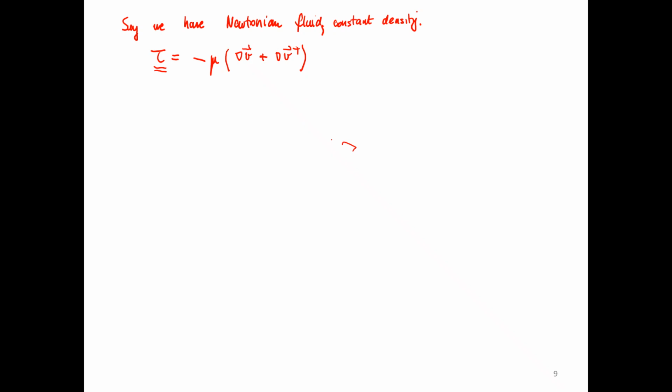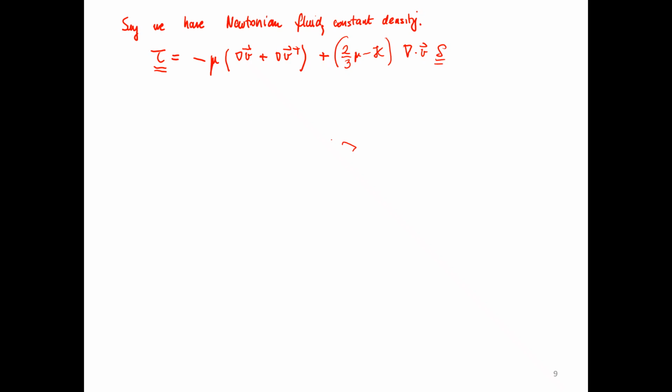And then what else do I have? 2/3 mu minus some constant, and then divergence of V and identity tensor. So this is some constant.